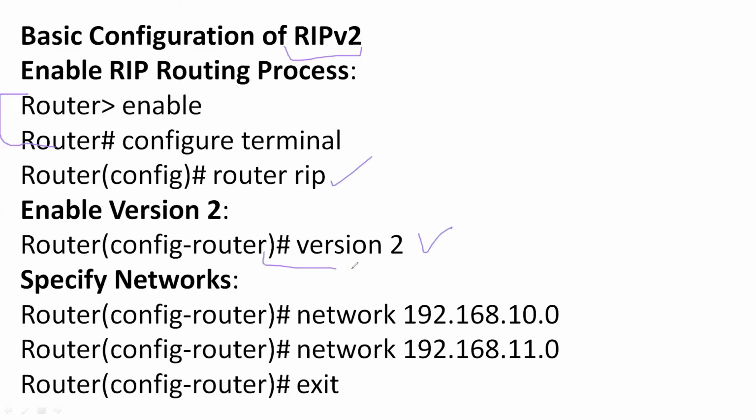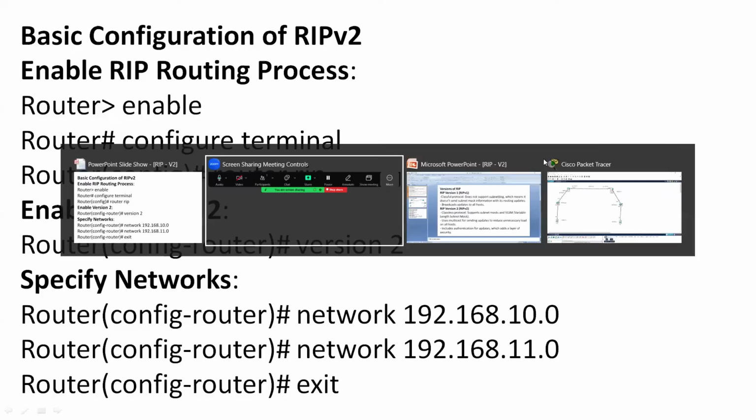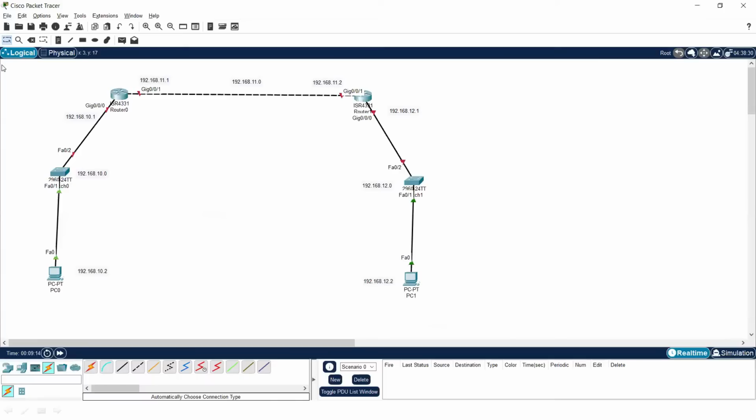This command enables version 2 of the protocol, otherwise version 1 will automatically be applied over the network. Then you define the network, like you did in the previous example.